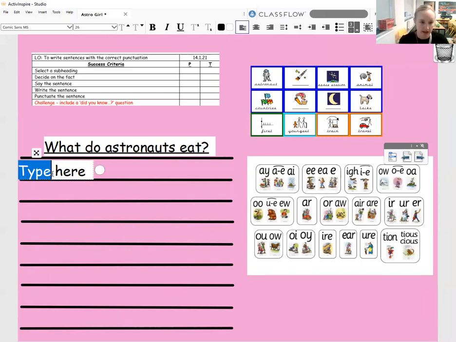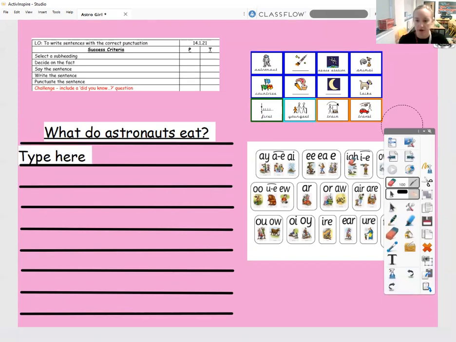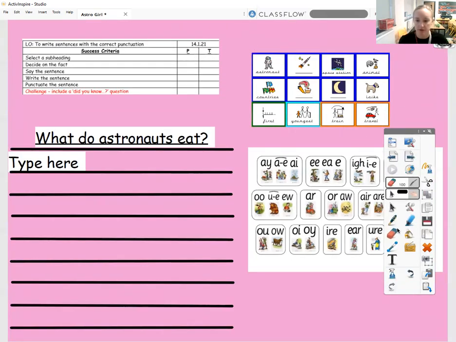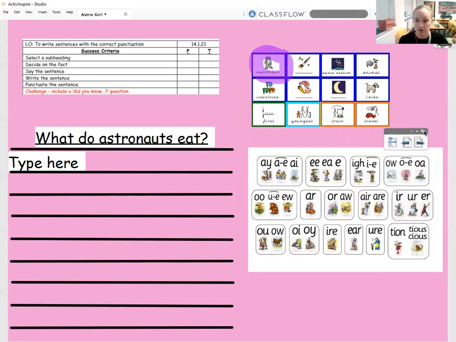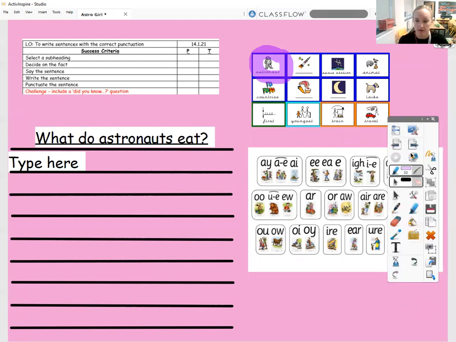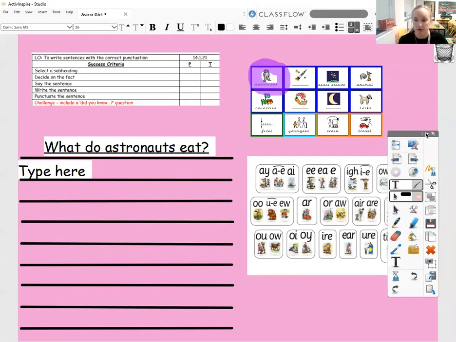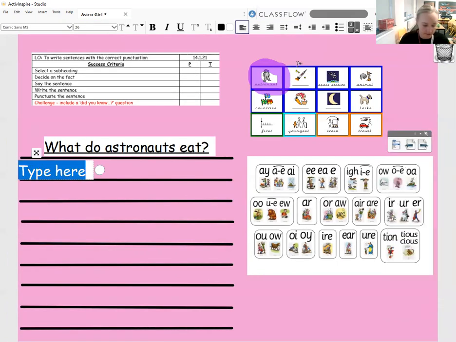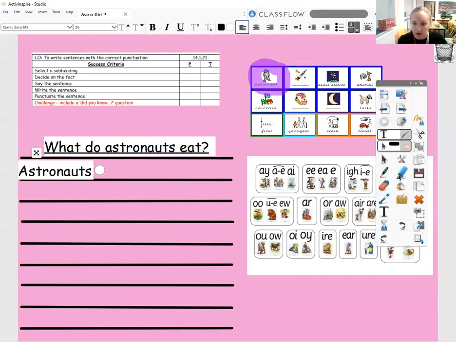Okay, so my first word is astronauts. If I didn't know how to spell it, then it's up here on my word map. Ooh, I could steal it. So astronauts eat dried food. Astronauts eat. Eat. Great. Ooh, where's my E digraph? Let me have a little look.